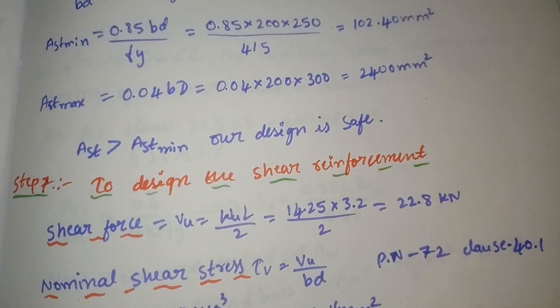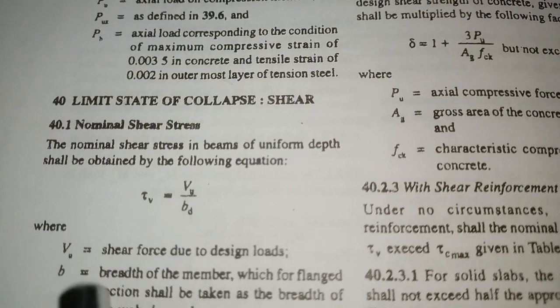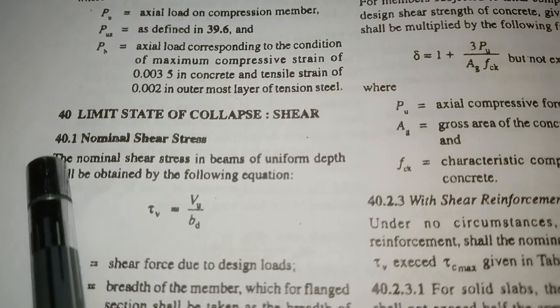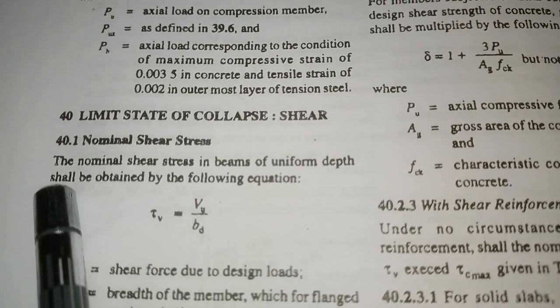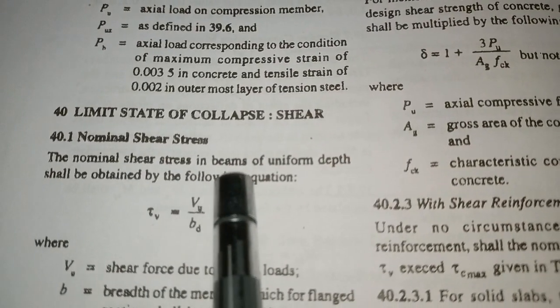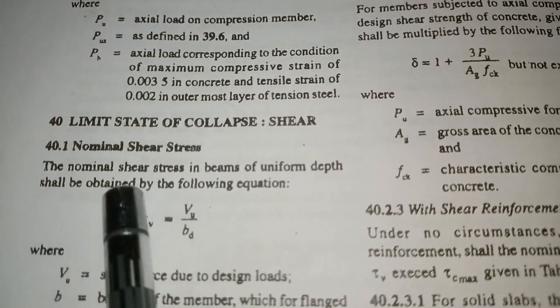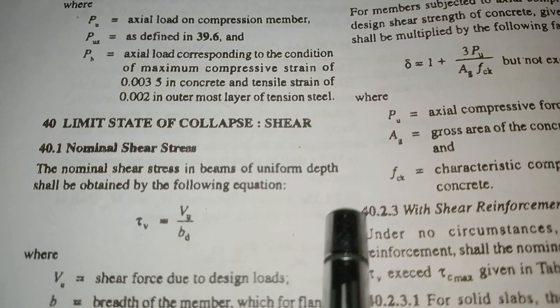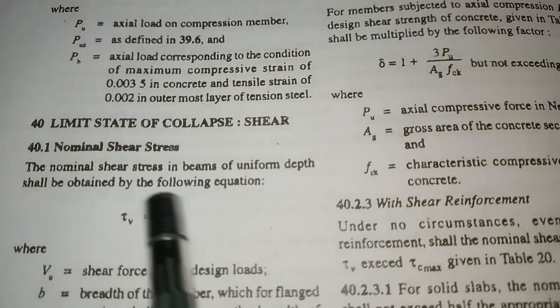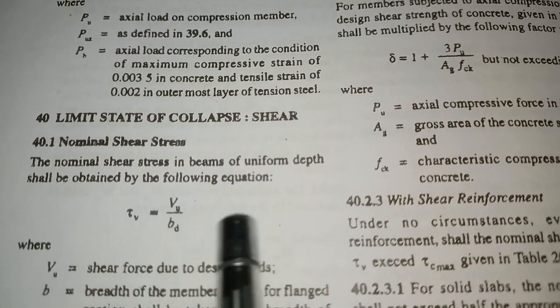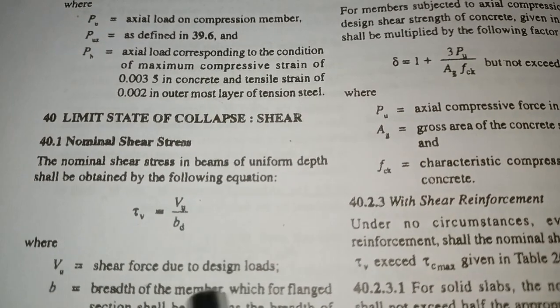Clause 40.1, nominal shear stress: the nominal shear stress in beams of uniform depth shall be obtained by the following equation. So tau is equal to VU divided by B into D. By using this formula, we have to calculate the nominal shear stress.